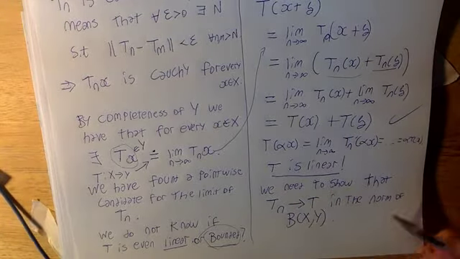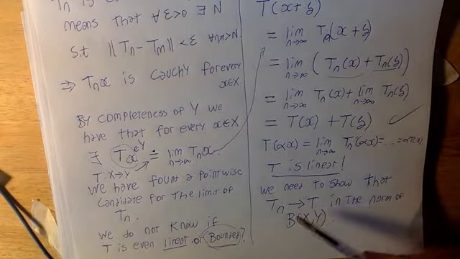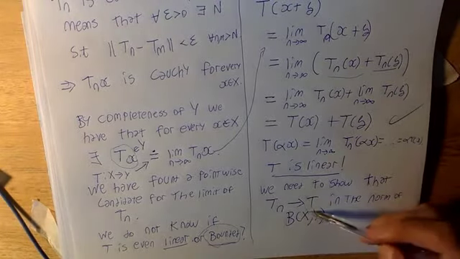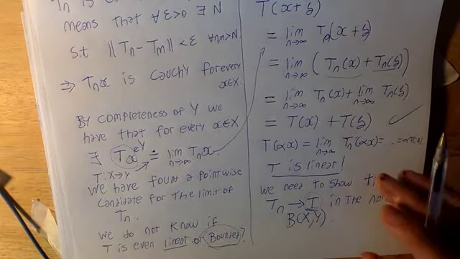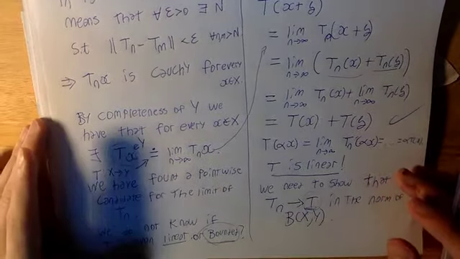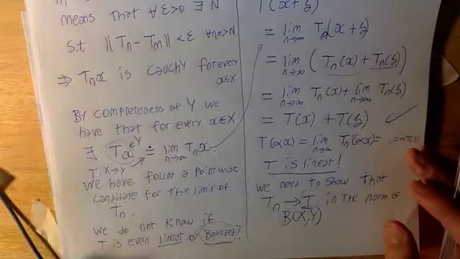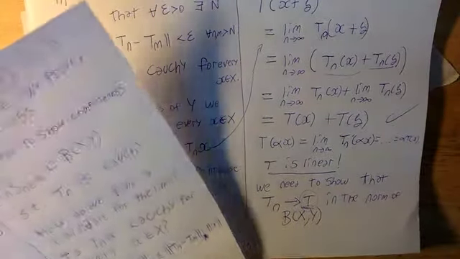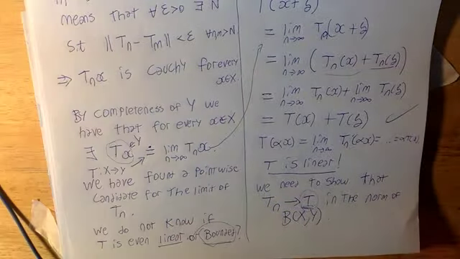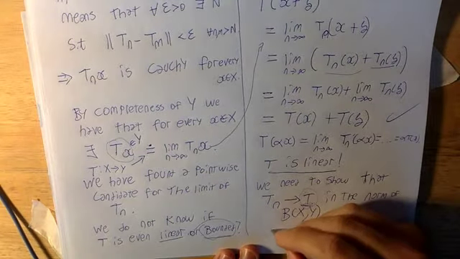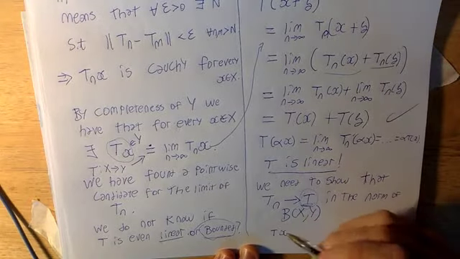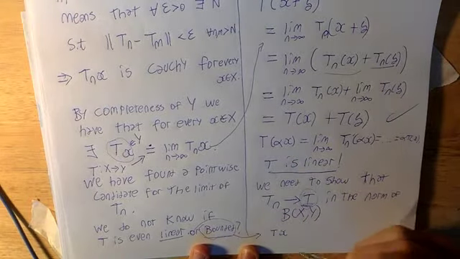In particular, if you know that Tn is converging to T in the norm of B of X,Y, then that means that T has a bounded norm to begin with. If not, you can do it by realizing that Tn has a bounded norm. So if it's a Cauchy sequence, it has a bounded norm. Let's try to show that it's bounded first, which is a bit easier.